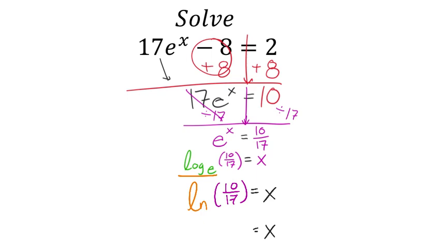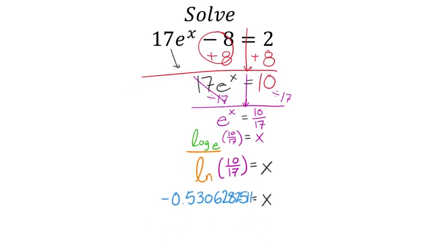Mine is showing negative 0.5306282511. So, you know what? I'll go ahead and round that to the fourth decimal place, the 6. To the right is a 2, so the 6 stays the same. I'll just write this as negative 0.5306. That should be my x value.